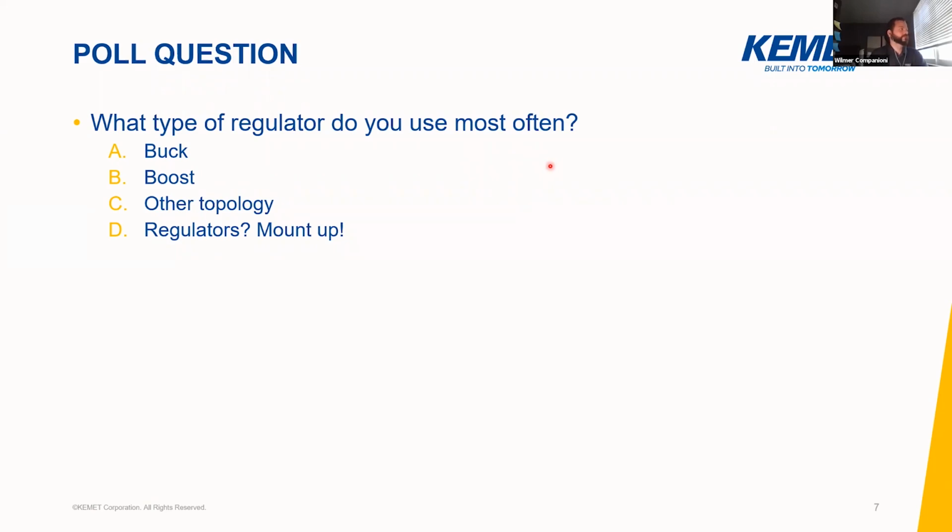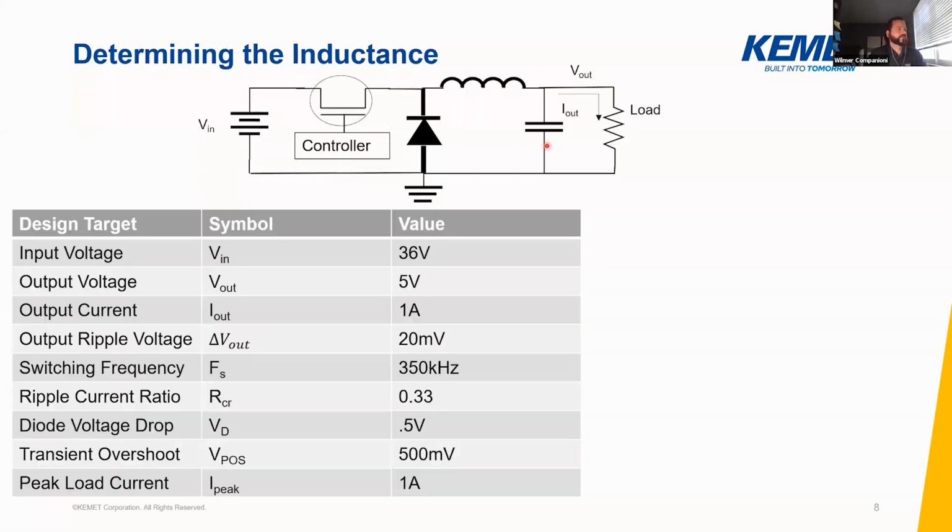So determining the inductance is specified by the operating conditions of the regulator. These are just some of the operating parameters that are pertinent to a DC to DC converter.